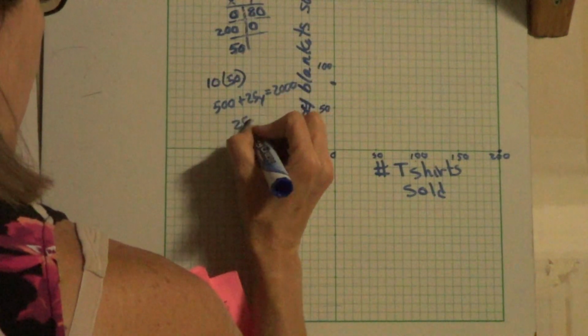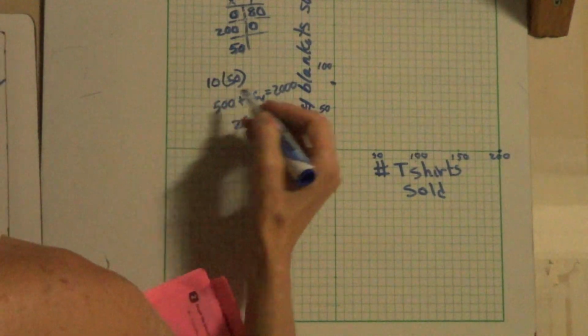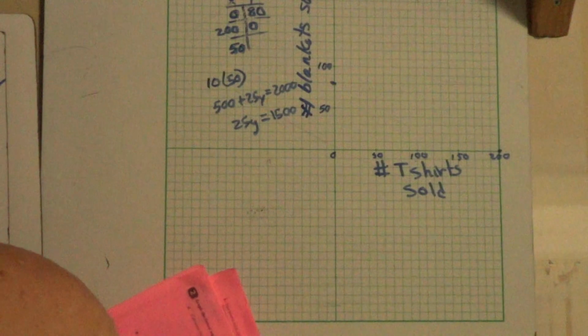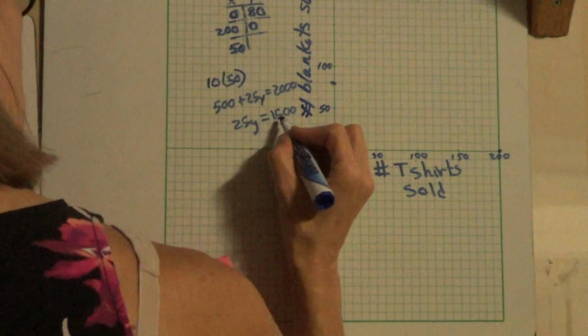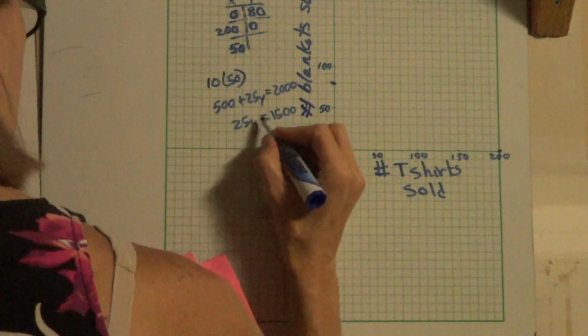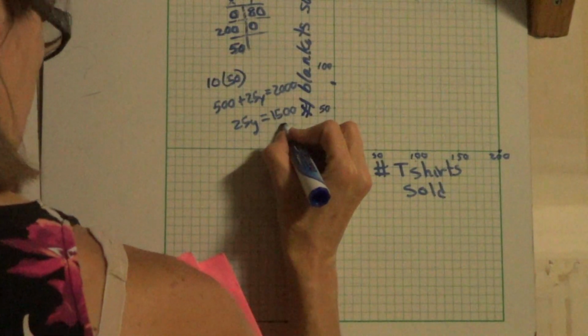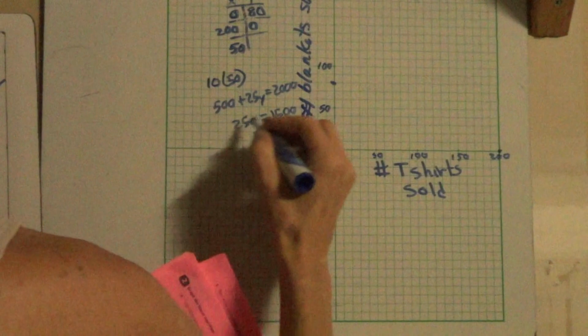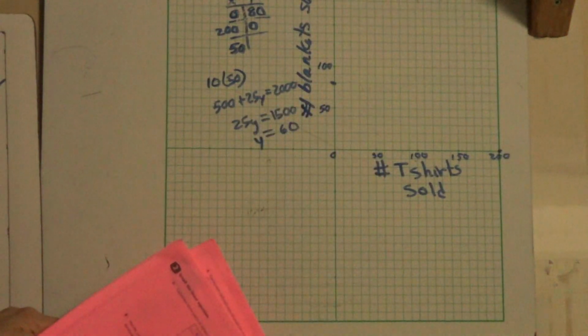So 25y, subtract the 500 from each side, 1,500. 25 will go into, I just take a quarter into $1.50, that would be 6, so 60. You can divide it out, 25 into 1,500, it'll be 60.